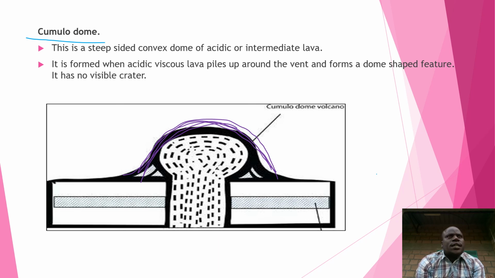A volcano is more extensive and more steep. And a volcano may even be formed from basic lava because of its extensiveness. But this one is just out of viscous, thick lava. It just remains near the vent and forms a round shape called a cumulodome.